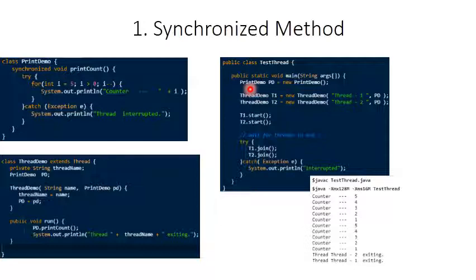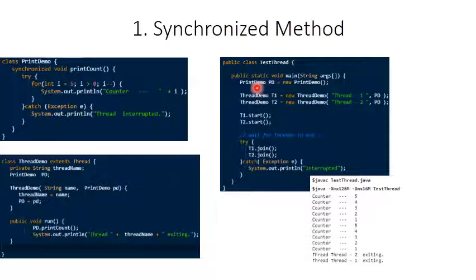PrintCount is actually a method inside the class PrintDemo. So to call this method, we need the object of that class. That is why we have created PD here. So we are calling PD.printCount. Then we have print. So when this method is invoked, it is actually going to this method, doing all these things. It will come back, and this line will be printed.